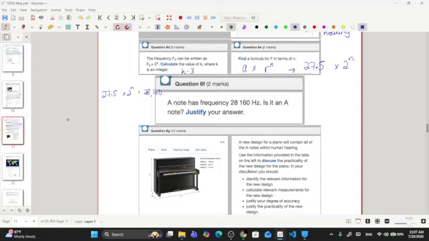I have to see, does n have an integer value or not? If it has an integer value, then yes, the answer is correct. But if it does not, then the answer is wrong. So let's do it. 2 raised to the power of n equals 28,160 divided by 27.5.